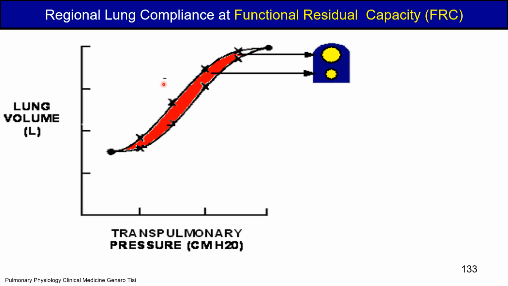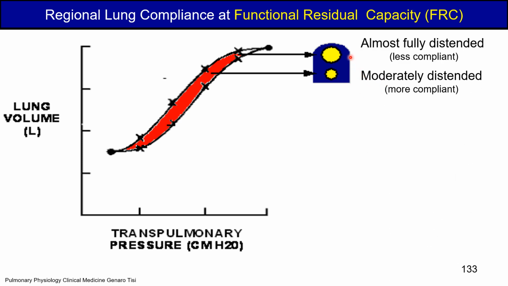Now, let us examine the regional compliance at functional residual capacity. At FRC, you can see at the bases, the alveoli are moderately distended, while the superior portions' alveoli are fully distended. Therefore, at FRC, the lower lung zone alveoli are more compliant than the upper lung zones.